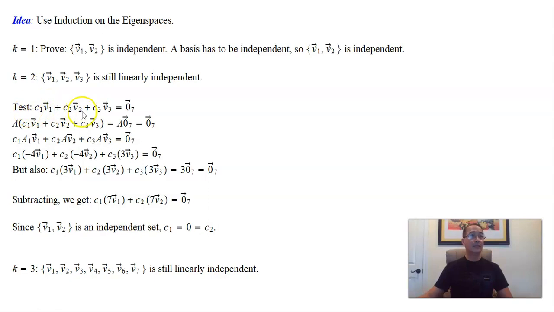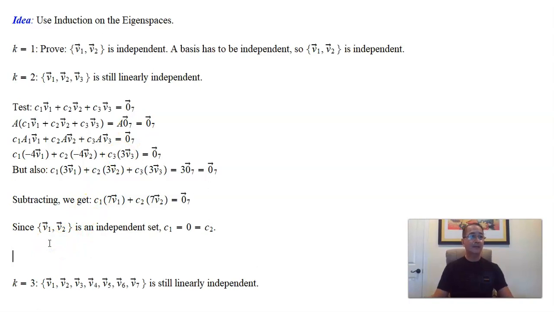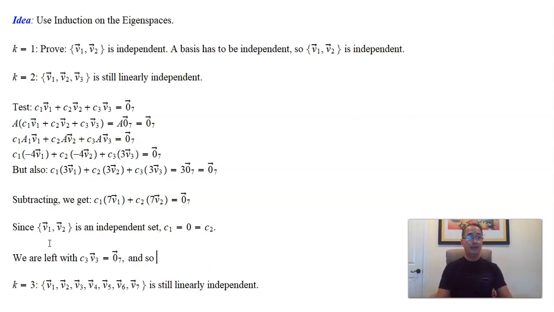So back to this test equation. These two coefficients are 0. We are left with that. Sounds familiar? We are left with c3 v3 is a 0 vector, and so c3 equals 0 as well. Again, v3 is an eigenvector. It's a non-zero vector. So therefore, it must be c3 that is 0.